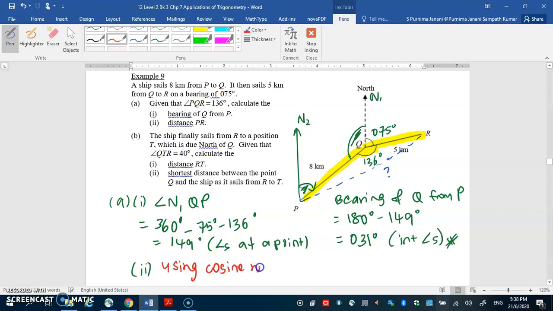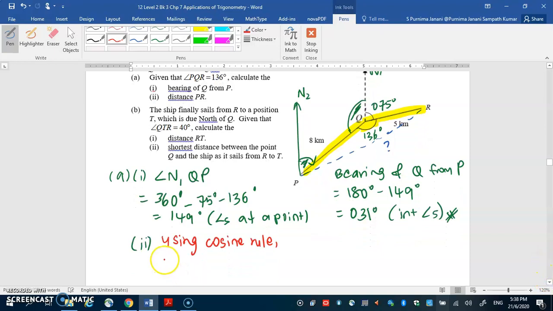So using cosine rule, you will just sub in the appropriate values like this. PR squared is equal to 8 squared plus 5 squared minus 2 times 8 times 5 times cosine 136. We press calculator.